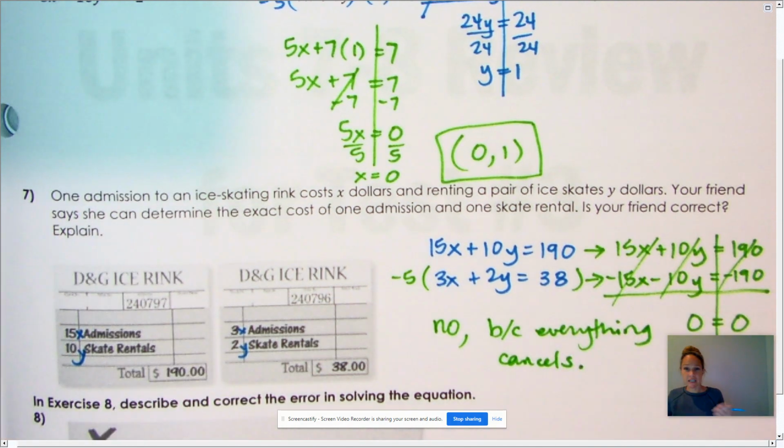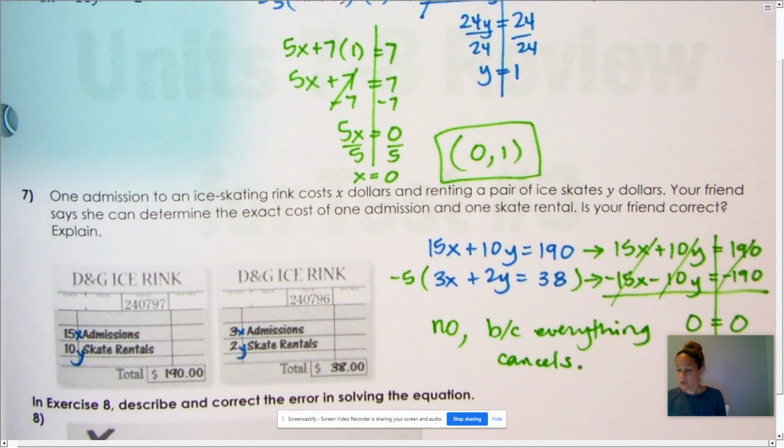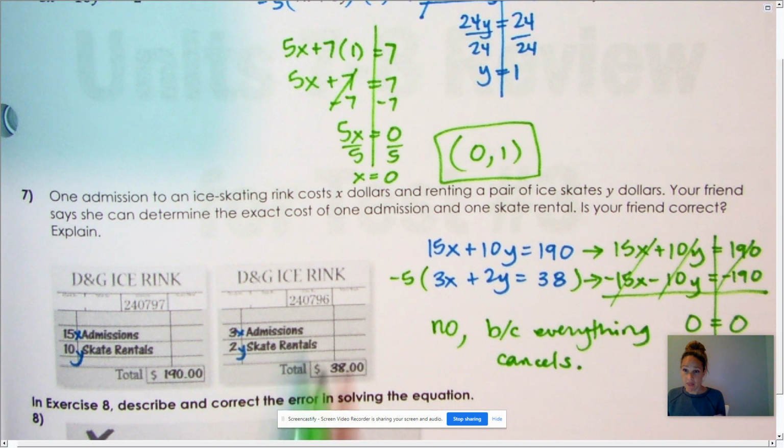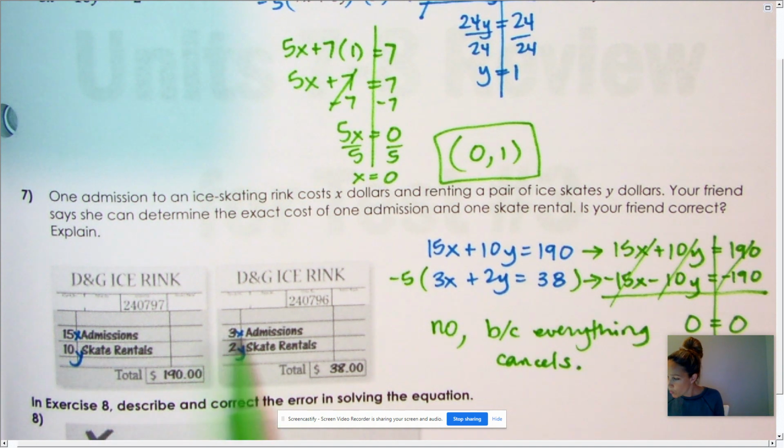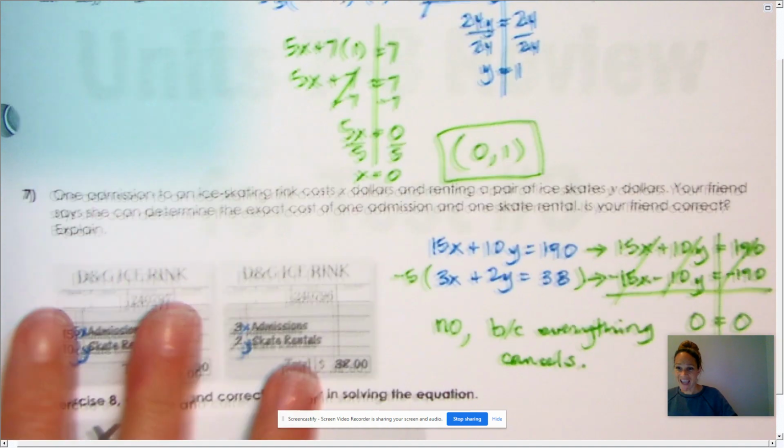We would need a different point, like if they told us what 4 admissions and 2 skate rentals cost, that would be fine. We would be able to solve for that. But because these ones are both a factor of 5, everything cancels and we don't really have any new information. Okay, so you guys are going to look at question 8 on your own, and that'll do it for 8.3.